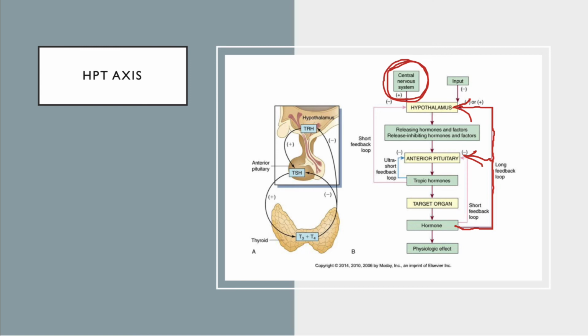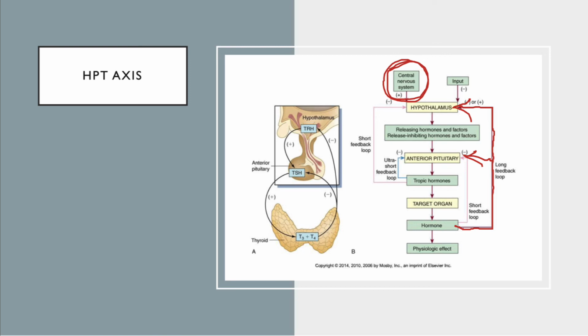So when we see hypothyroidism, we see elevated levels of TSH because the pituitary gland is yelling at the top of its lungs at the thyroid gland. The thyroid gland is not responding. Make sense? All right.